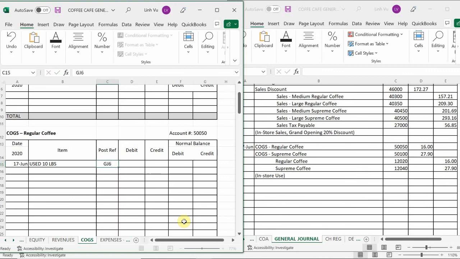Journal 6, we're still on 6. And you're going to debit for how much? $16.